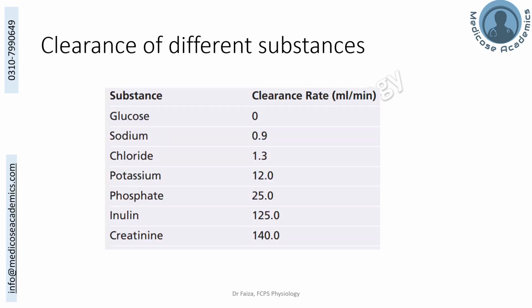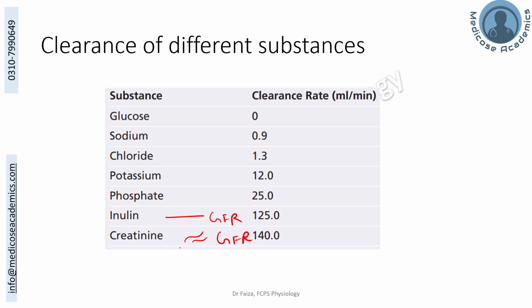This is the estimated clearance of different substances. Glucose clearance is 0 as it is completely reabsorbed, not excreted in the urine under normal circumstances. Then sodium, chloride, potassium, phosphate, inulin, and creatinine. Inulin is equal to the GFR, and creatinine is approximately equal to the GFR.